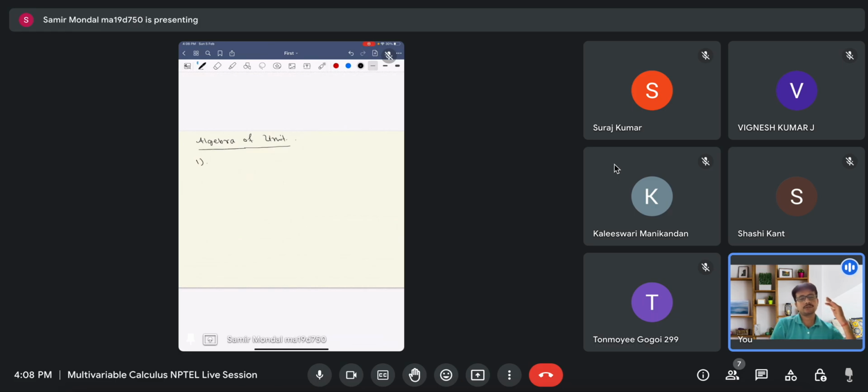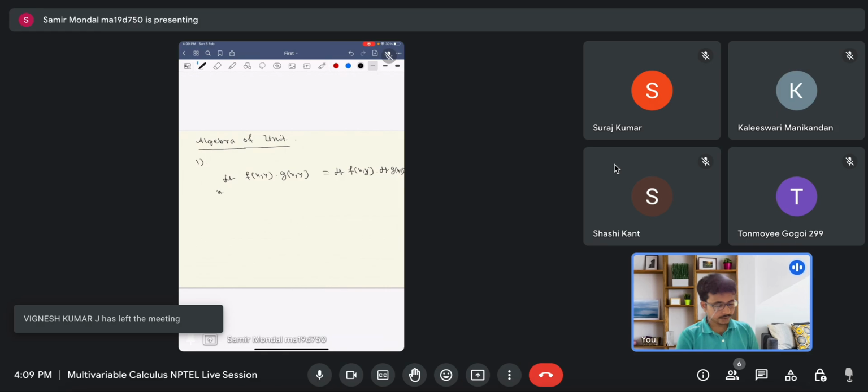So if you multiply a function by a real number, what will be the limit of the product? We already know. Suppose the limit of a constant times f of xy, what will this limit be? This limit will be the constant into the limit of f of xy, when your xy tends to some value.